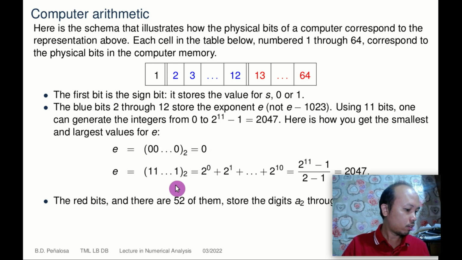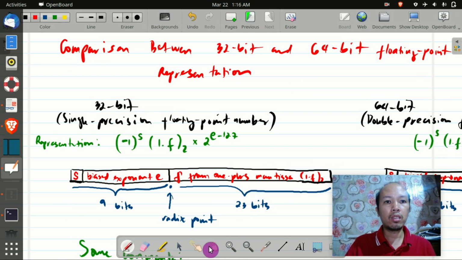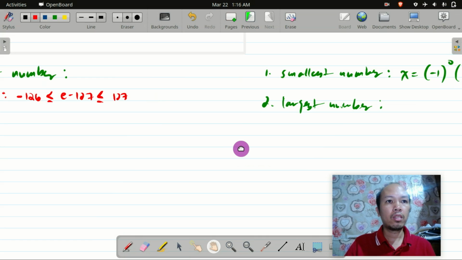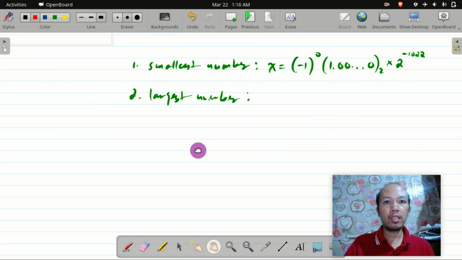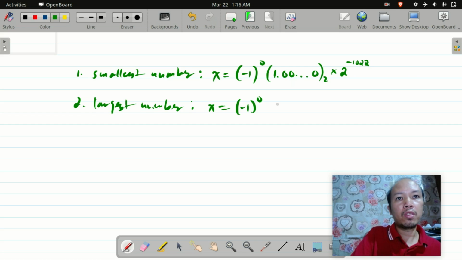So next, how about the largest? The largest for double precision is x negative 1 to the 0, 1.111 times 2 to the 1023.